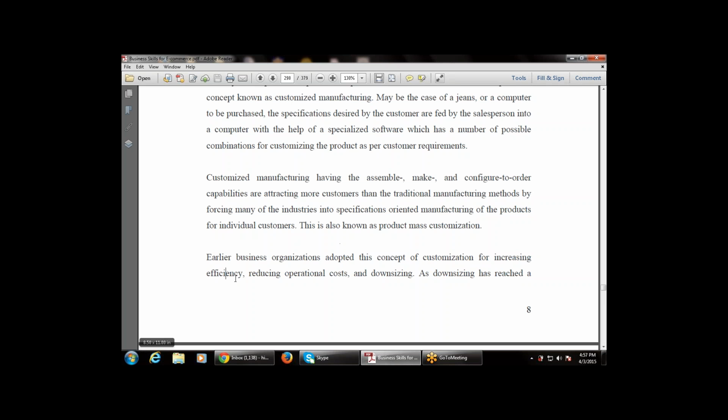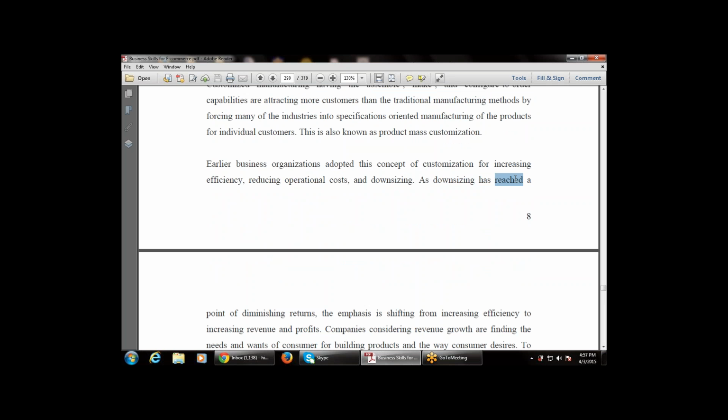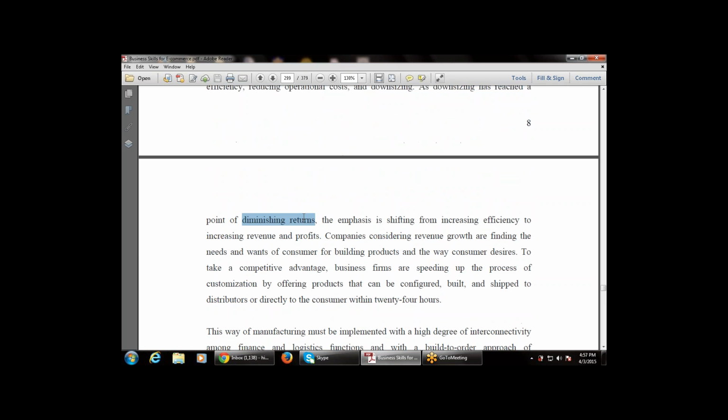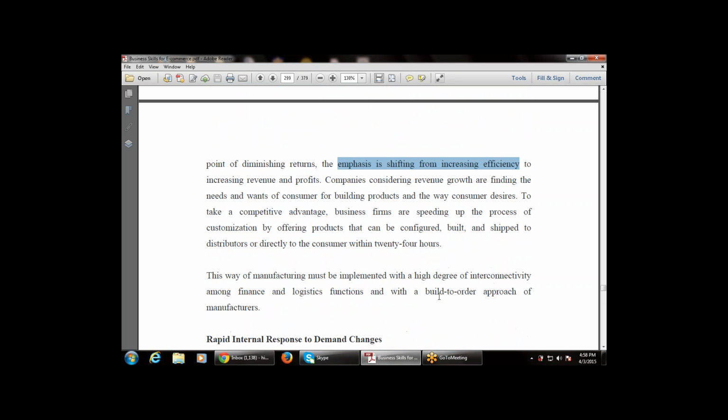There is increased efficiency, reduced operational cost and downsizing. As downsizing has reached a point of diminishing returns, the emphasis is shifting from increasing efficiency to increasing revenue and profit. So there will be high efficiency, high profit, and reduced operational cost.